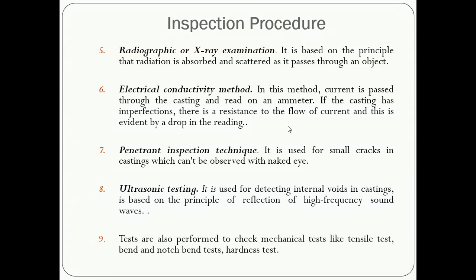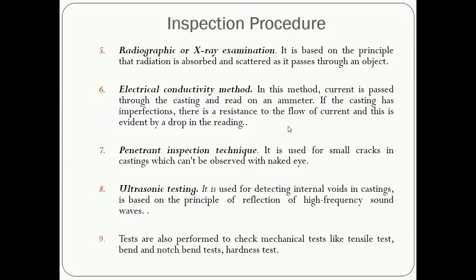This is used to find out the internal defects present inside the casting from 60 mm thickness up to 200 mm thickness. If there is any kind of big wide spaces present inside the casting at more depth, they can be found out by using this ultrasonic testing.